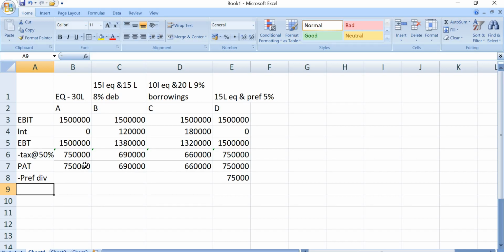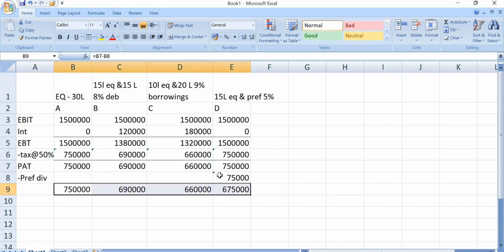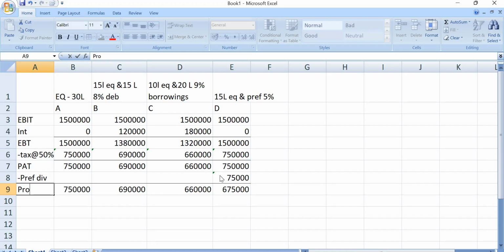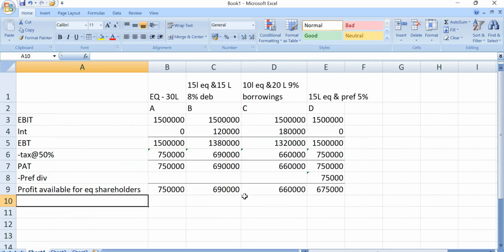So 75,000 we are going to pay as dividend in case of D. So profit available for equity shareholders is 7 lakh 50,000, 6 lakh 90,000, 6 lakh 60,000, 6 lakh 75,000.